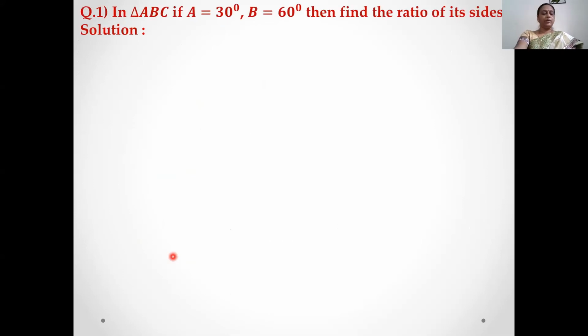Now consider the problem. In triangle ABC, if A is 30 degrees and B is 60 degrees, then we have to find the ratio of sides. To find means we have to find a : b : c, that ratio. Now what is given? Here given A is 30 degrees, B is 60 degrees.